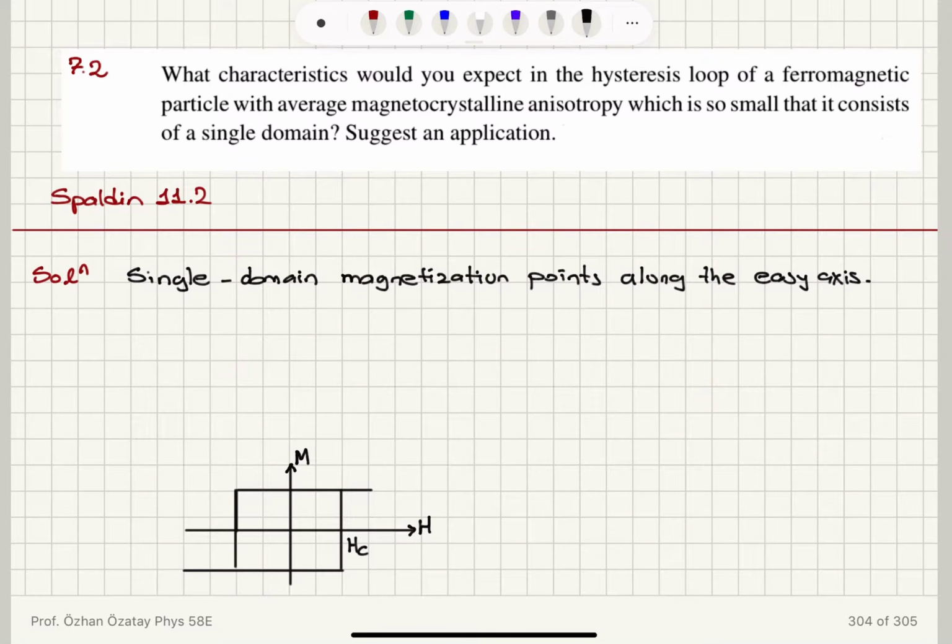Now that easy axis can be due to shape anisotropy. So it can be dictated by shape anisotropy and magnetocrystalline anisotropy.